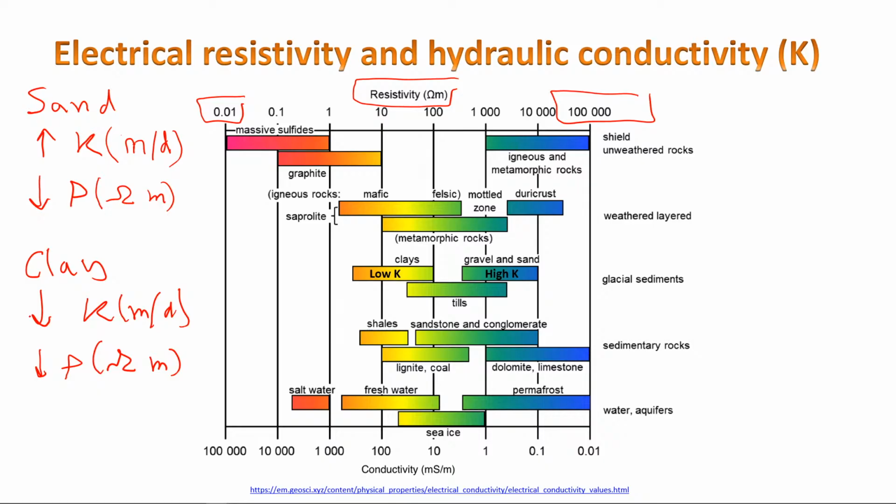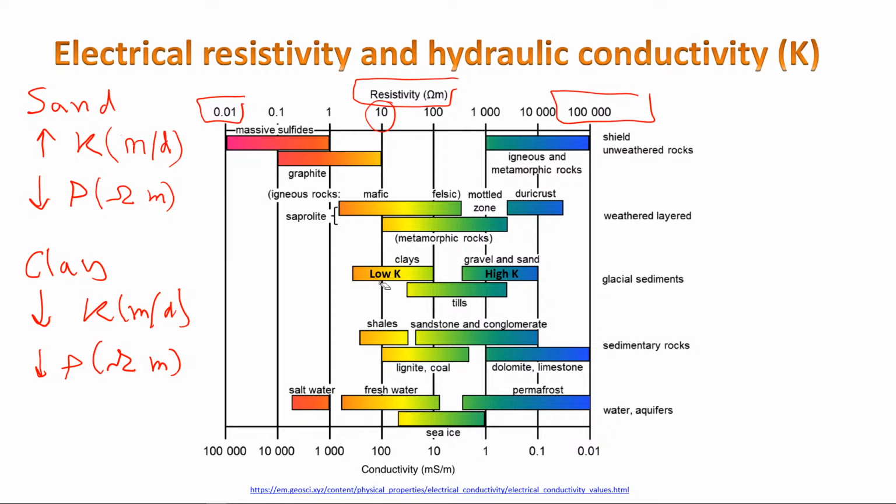Does this make sense? Because high electrical conductivity means low resistivity. That's exactly what is here. So clay has low resistivity because it has high electrical conductivity, but low hydraulic conductivity. That's the confusing part. I even got confused myself.